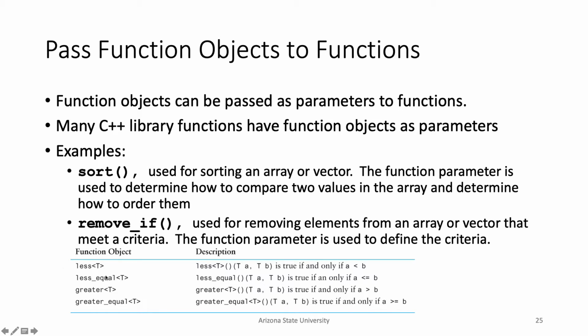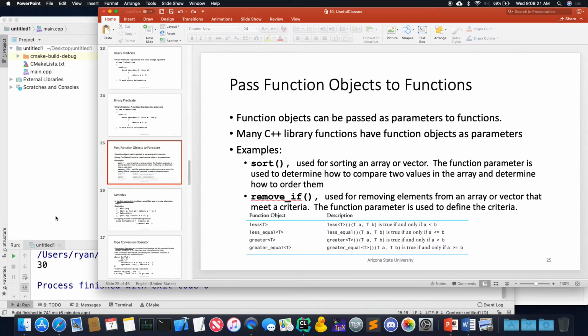There is a way to do that called lambdas, and we'll see how to do that. But if we just overload the less than or greater than operator, then we can just pass in as the predicate just the predicate part, less of ASU student. So let's just see this in action.